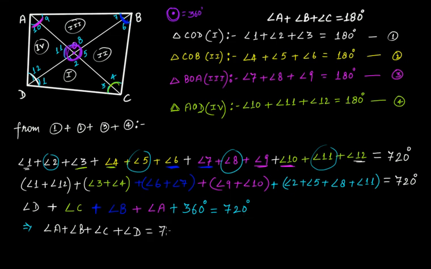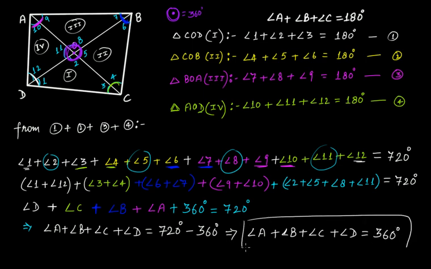So this becomes 720 degrees minus 360 degrees. If you solve it, you get angle A plus angle B plus angle C plus angle D is equal to 360 degrees, right? This is the angle sum property of the quadrilateral that says for any quadrilateral ABCD, the sum of the internal angles of the quadrilateral is equal to 360 degrees.